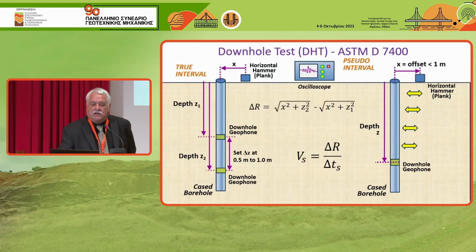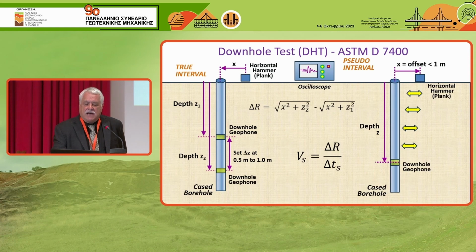In that case, we're going to calculate the difference in the hypotenuse with depth. There's this tiny offset X that should also be less than, say, 1 meter. But the same principle, as we go down the hole, we're generating a VH wave, and we can measure shear wave velocity.